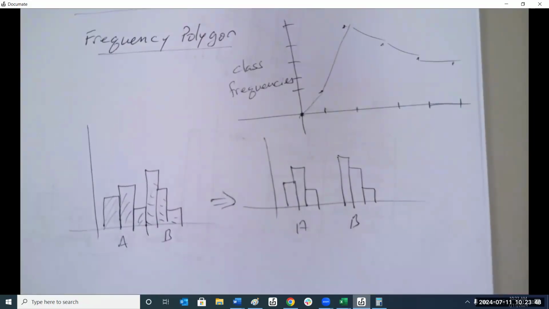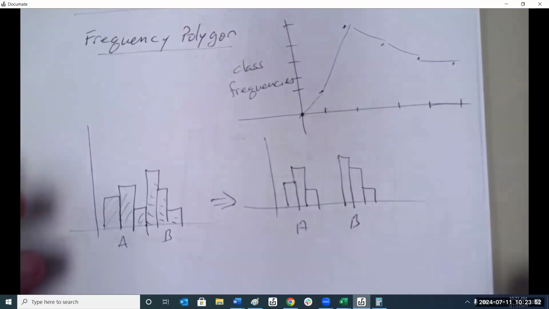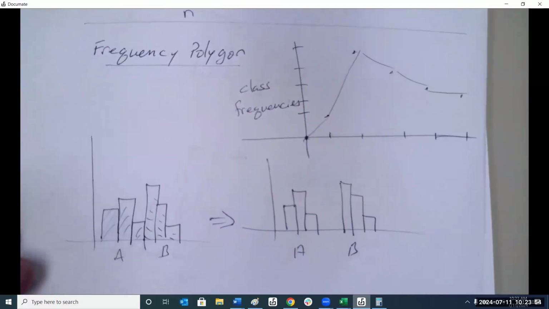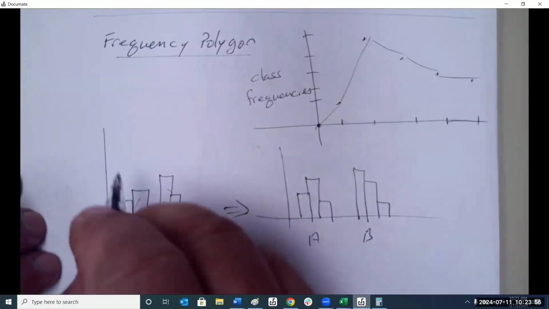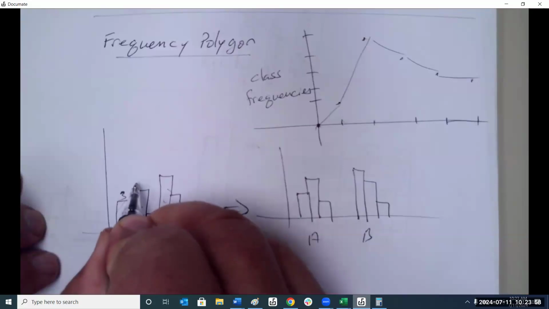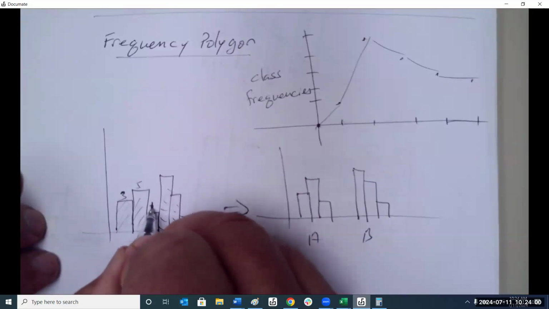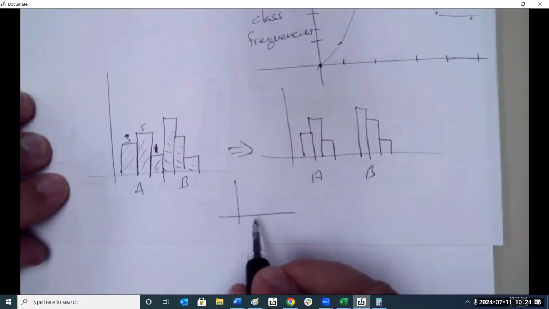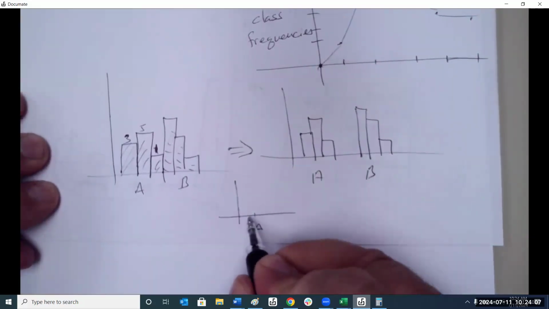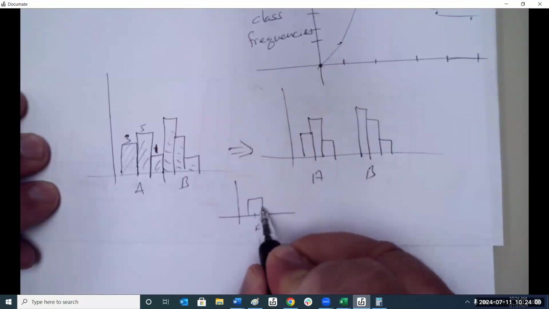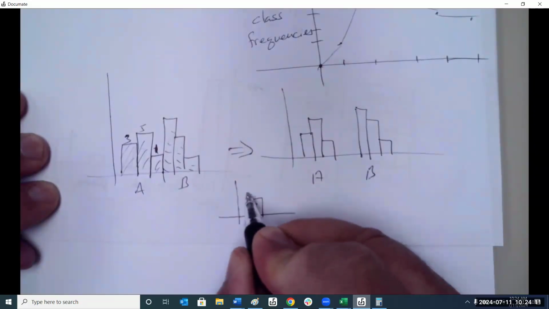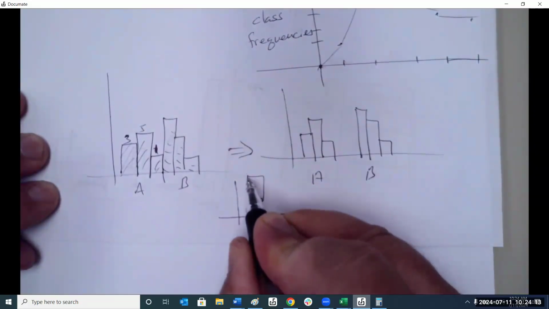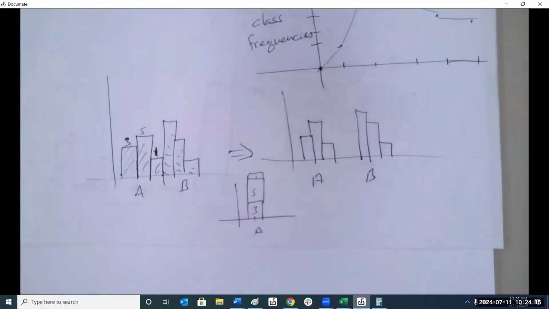Have you ever heard of a stacked bar chart? I'm not crazy about it, but it's used. Let's pretend this is 3, this is 5, and this is 1. A stacked bar chart for A would have 3 as the first one, 5 as the next one, and 1 as the last one.